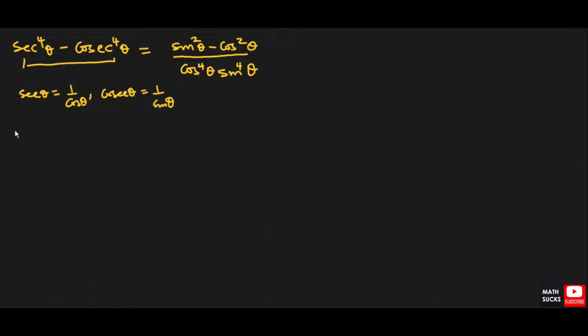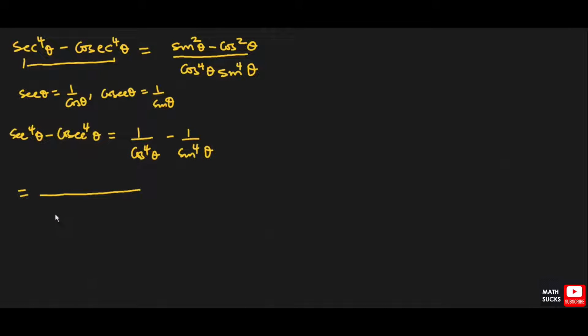We see that sec^4 theta minus cosec^4 theta is the same as 1 over cos^4 theta, take off 1 over sine^4 theta. Then the remaining part is to have a uniform denominator.